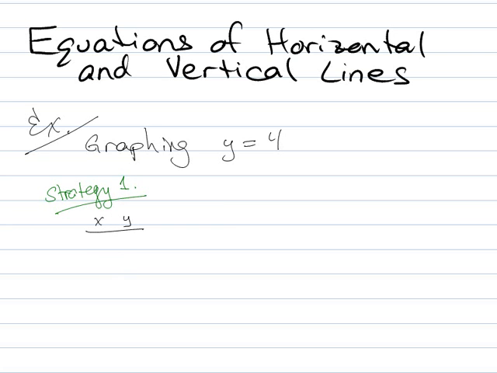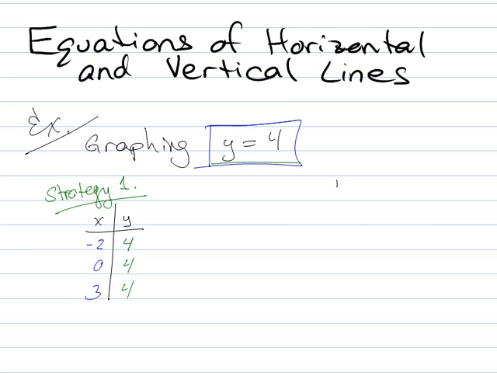Since y equals 4, any element of y has to be 4. So x can be -2 or 0 or 3. No matter what it is, it doesn't matter, because the equation says y equals 4.